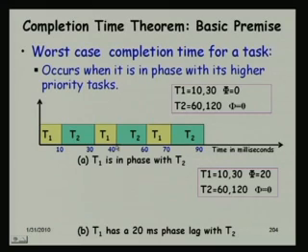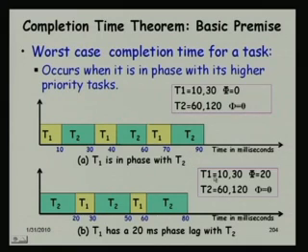As soon as the CPU becomes available, T2 runs again. If we draw the schedule like this, we will see that T2 will complete at 90 milliseconds, right. It will have had its 60 milliseconds of execution at this point, 90. So, that is the response time for T2.